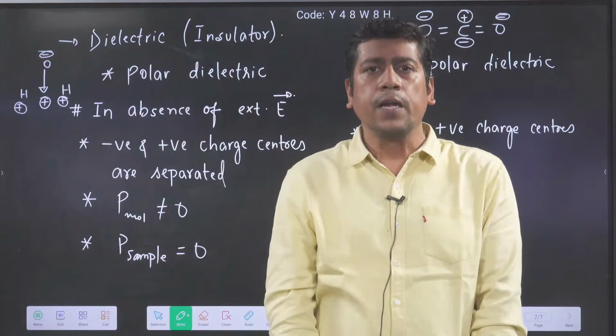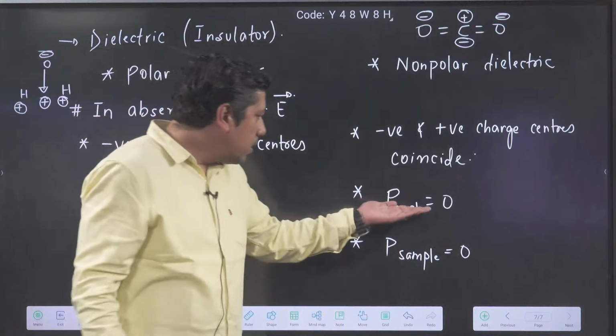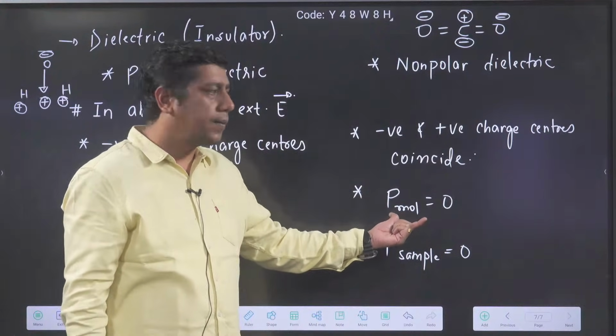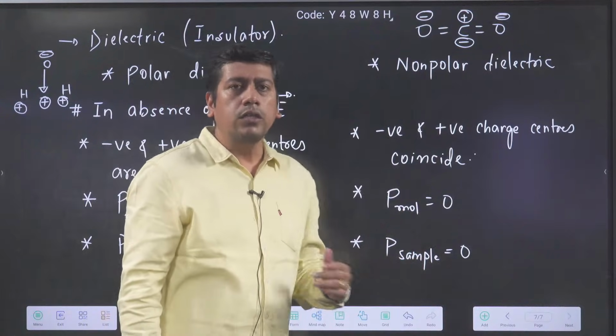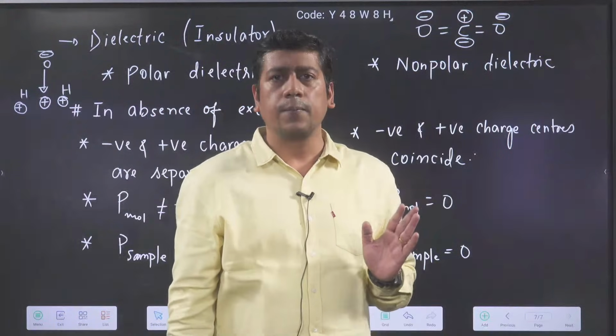Okay, Bachawadi? Now, it seems quite intuitive here. Sir, if one molecule has 0 dipole moment, then the sample will also have 0 dipole moment, because trillion multiplied with 0 will be 0 only. Correct?